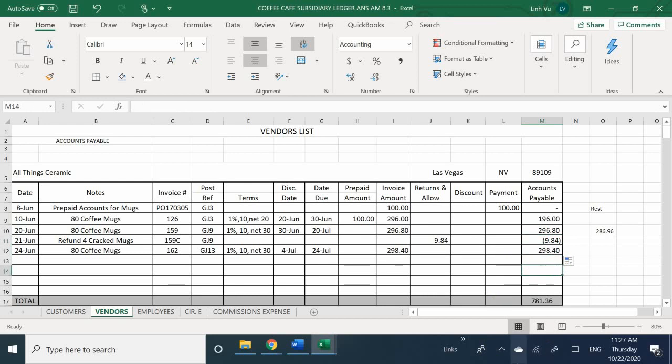I was thinking of subtracting the negative 984, but that's from a previous invoice. You base it on the total. So in grand total, I owe All Things Ceramics $781 and something cents. Do I have a bill that's due anytime soon?